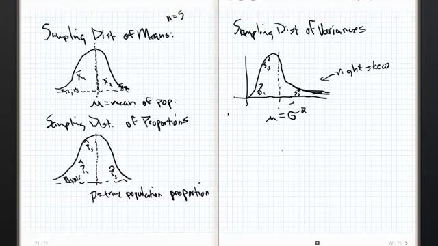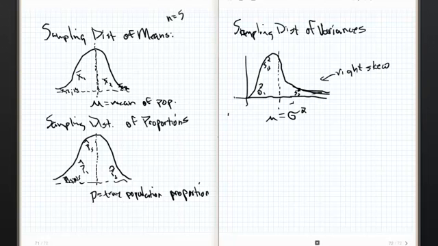That is so cool. Now, notice what's happening. The sampling distributions always target in on the parameter. The sampling distribution of the statistic targets the parameter. The sampling distribution of the means has a mean that is equal to the population mean, or mu. The sampling distribution of the sample proportions targets in on the true population proportion, which we call P. The sampling distribution of the variance has an average.